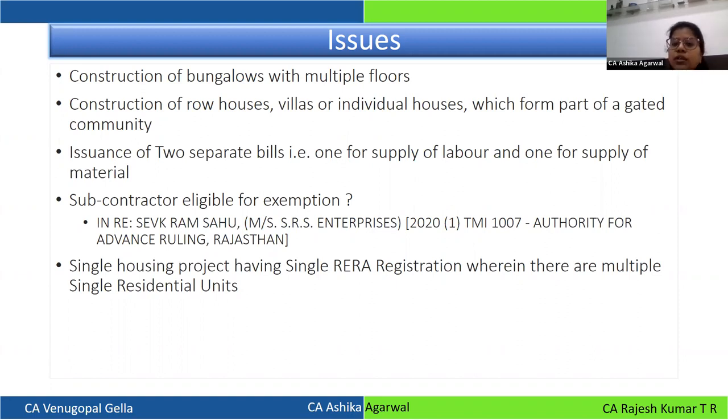And the purpose was not to give exemption for this type of project. It was to provide exemption to an individual person. So I don't think it will be covered under exemption. What is your view, sir?